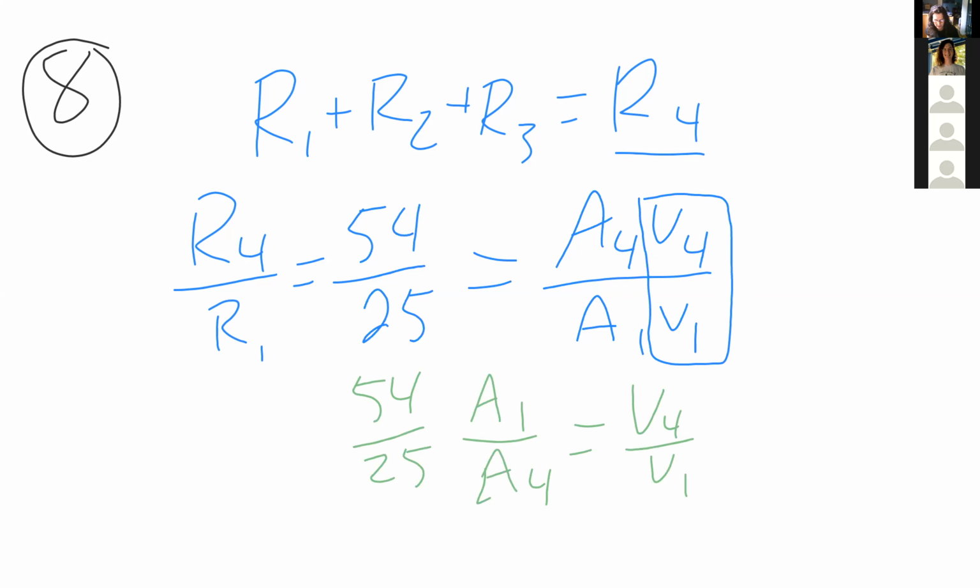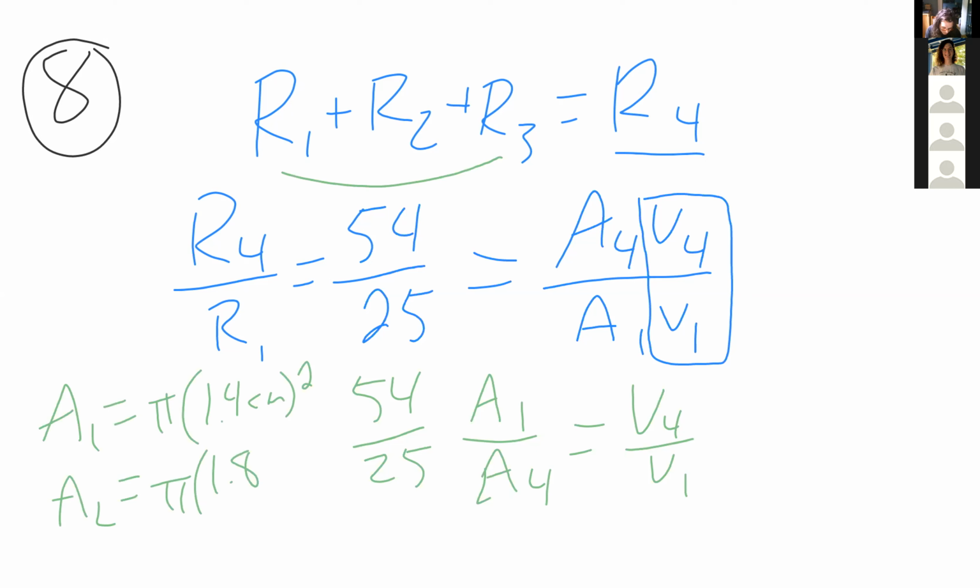The last thing we need to do then is replace these areas. Each of these areas will be pi r squared. Area 1 will be pi times the radius of the first pipe. The first pipe is one of the 3 pipes that are going in. These all have, in my problem, 1.4 centimeters. Make sure I convert that to meters squared. And then the area through pipe 2, for me, is 1.8 centimeters, so it'll be pi times 1.8 centimeters squared.